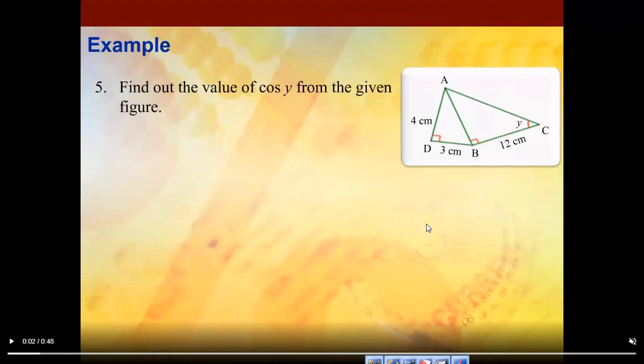Yes, children, it is BC, and the hypotenuse is AC. But we don't know AC. AC is not given in the figure or in the problem. So we need to find AC. To find AC, first we need to find AB. To find AB, we have to use the right angle triangle ADB. So let us solve the problem.